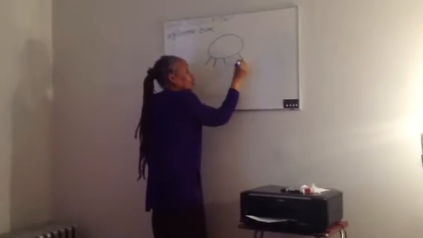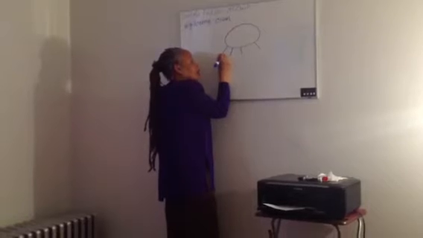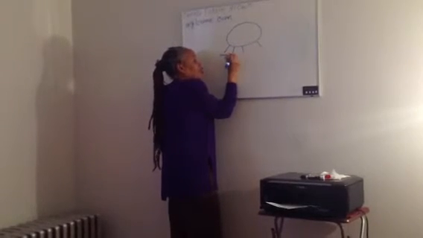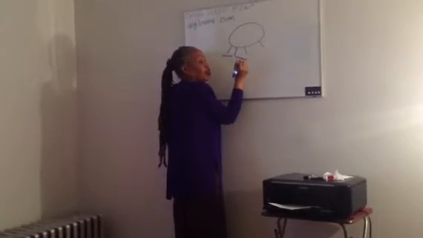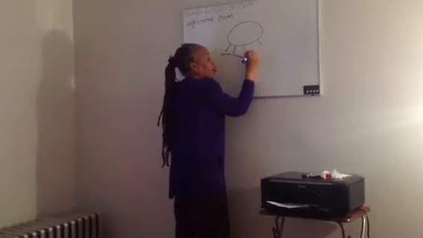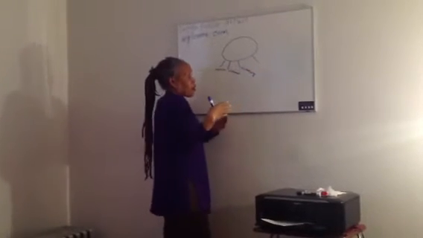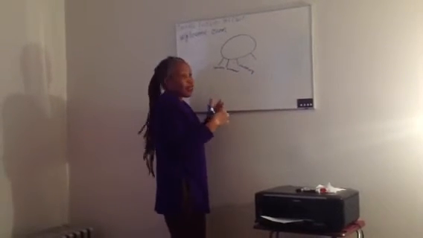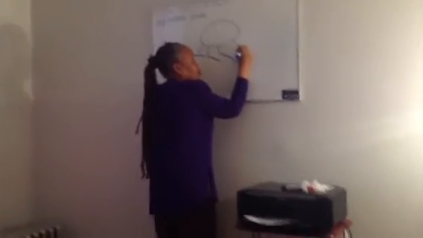One leg is dealing with structure. The other leg is dealing with grammar. The other leg is dealing with vocabulary. Remember I said that vocabulary can sometimes intersect with grammar, but it's a separate category on its own. And of course, punctuation.